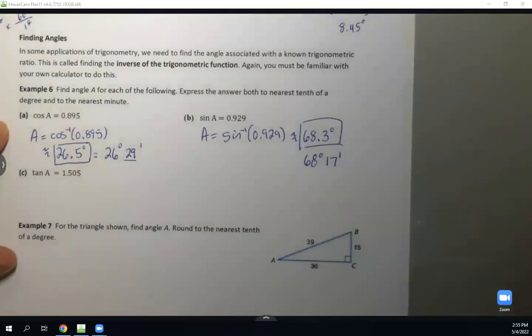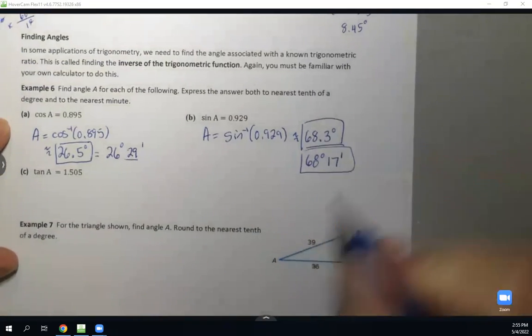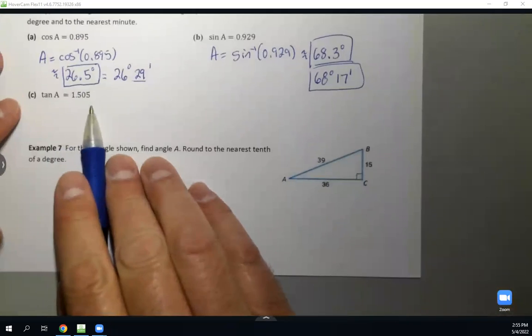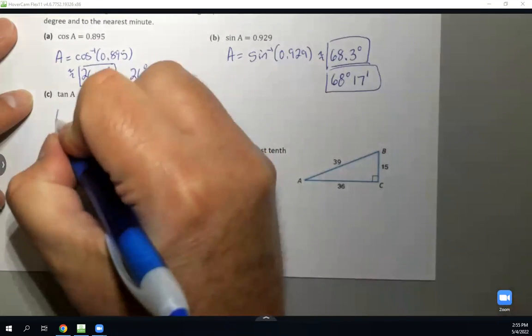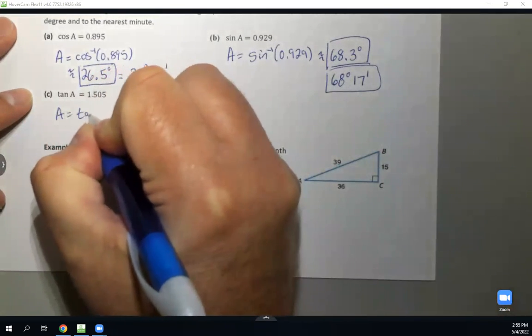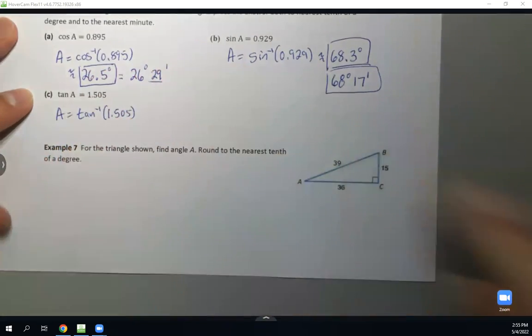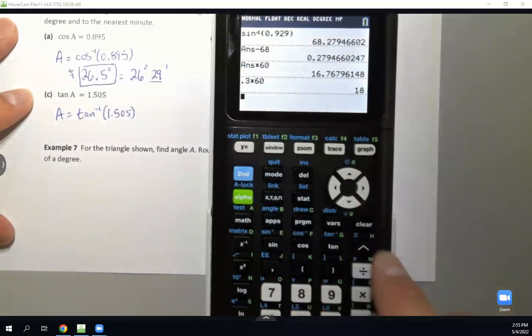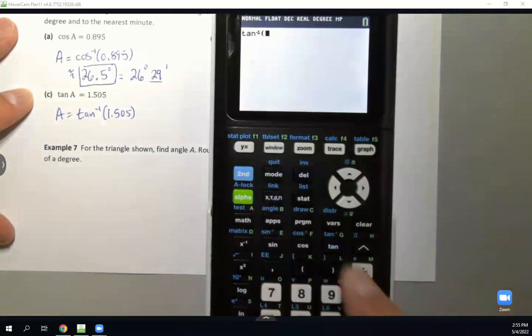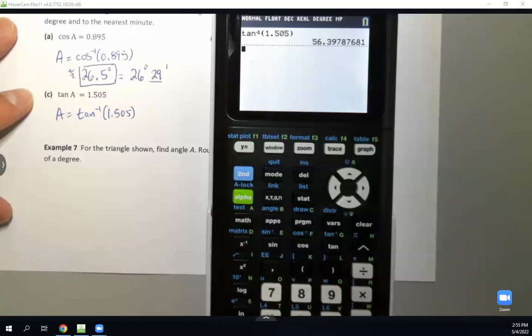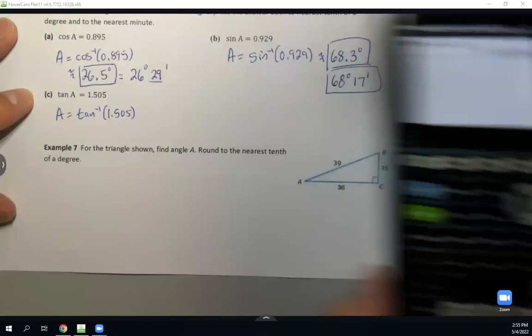We good? If the tangent of A is 1.505, then A is going to be the inverse tangent of 1.505. So the inverse tangent of 1.505 is about 56.4.